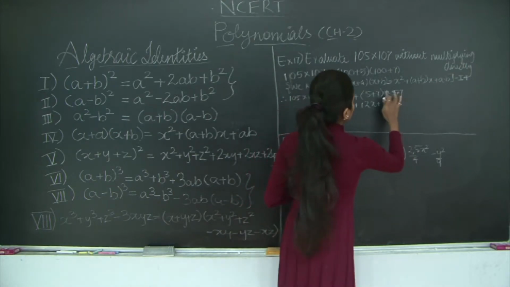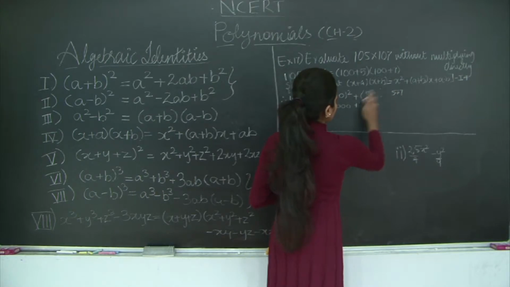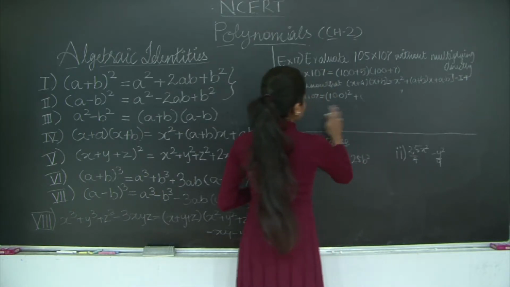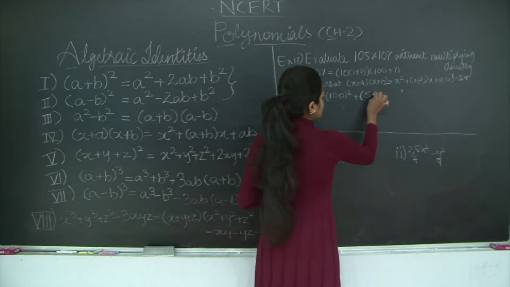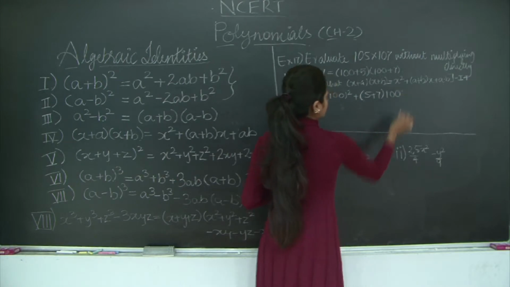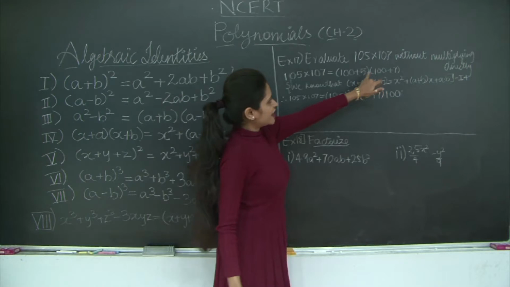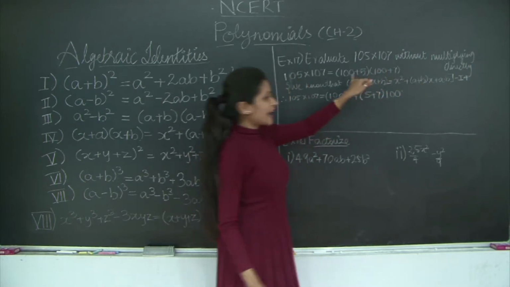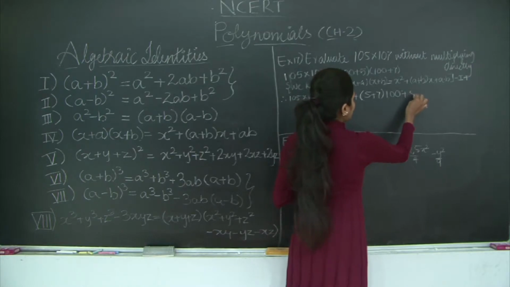I'm sorry, this was not x, your x was 100. Let me just redo it quickly. 100 square plus 5 plus 7 into 100. My bad. Why? Because a plus b, 5 plus 7 into x, but we have x as 100 here, that's why. Plus 5 into 7.